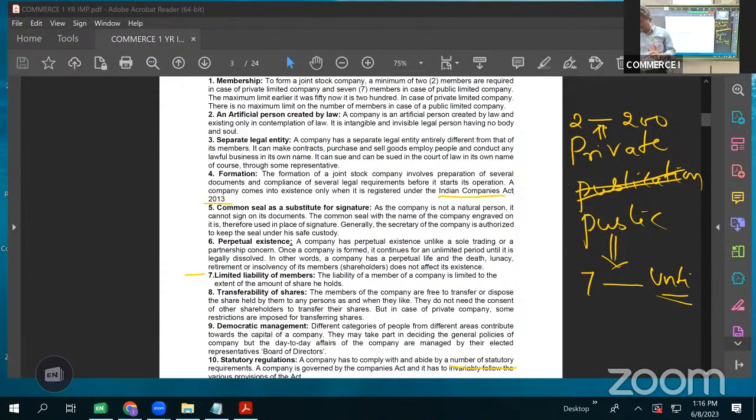But in case of a company, suppose I purchase shares of a company. Let us say we have one person, Rao, who purchased shares of one company, let us say Wipro, right?